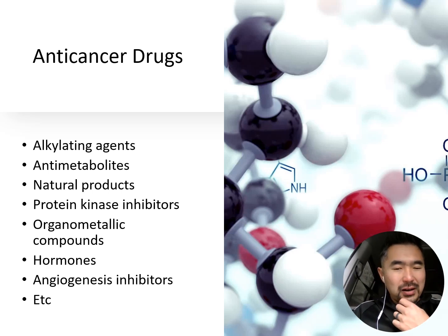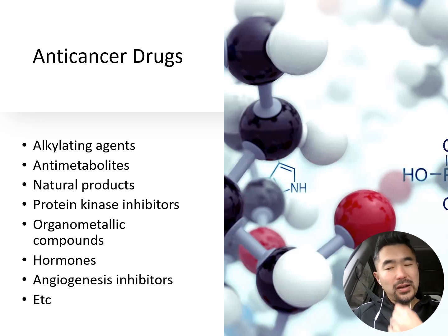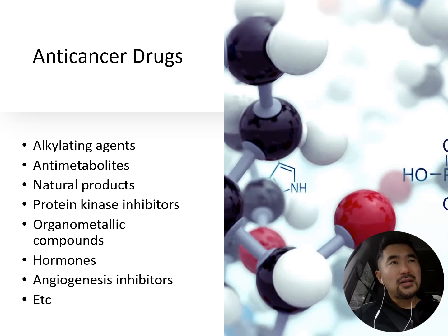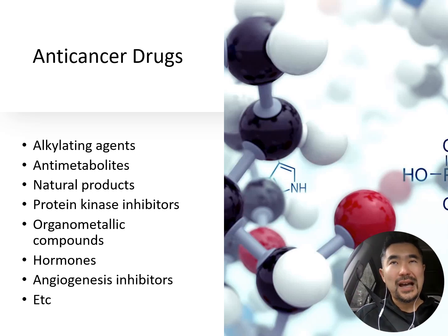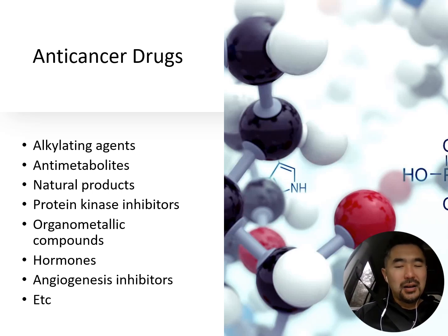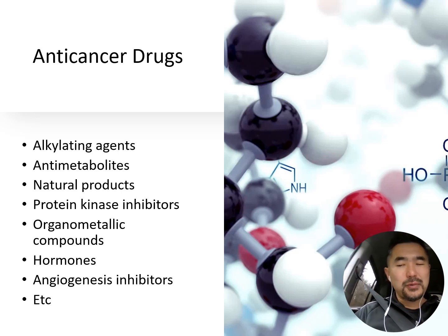We won't have time to talk about organometallic compounds being anti-cancer, but some of the earliest cancer drugs are actually not even organometallic, but metallic compounds like cisplatin, which is a DNA cross-linker based on platinum. We also won't have time to talk about hormones being a type of cancer drug.